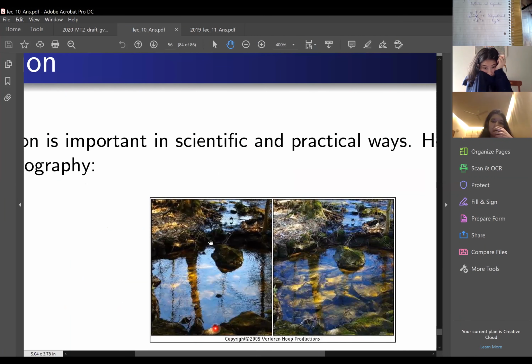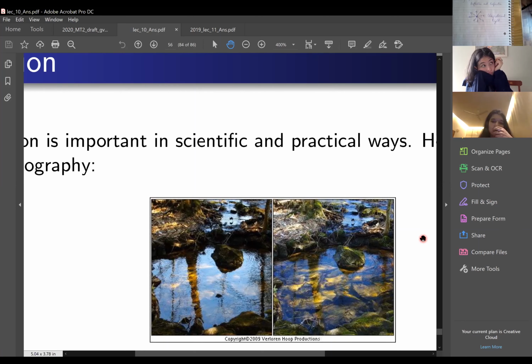One has no filter. It's a photo of a pond, but you can see a lot of the reflection of the sky. The second photo is taken with a polarizing filter. Because the reflected light is partially polarized, if you orient your filter correctly, you can block all that reflected light and only let the light from the bottom of the pool through. And so you get a much clearer photo of what lies inside the pool.